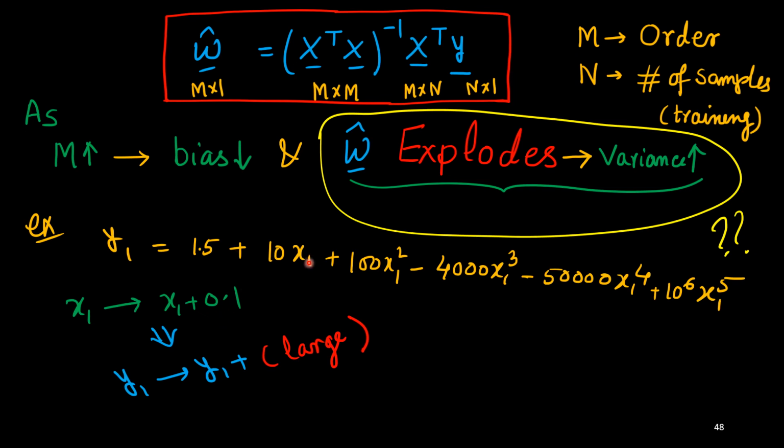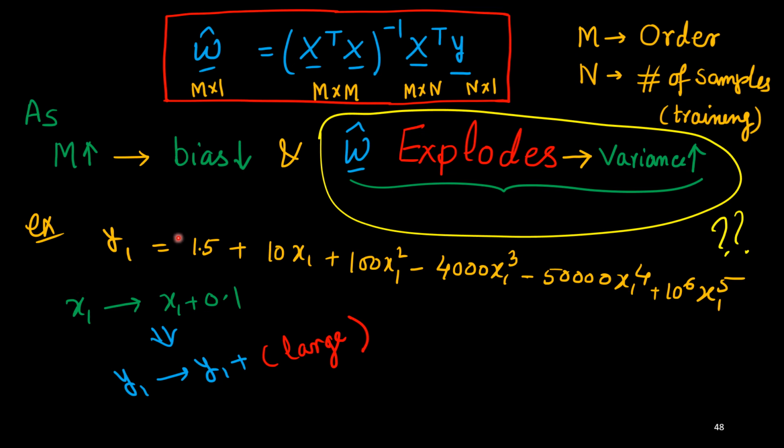But here you will see that if you replace x1 by x1 plus 0.1, because of these high coefficient values, the deviation will become very large. Earlier it was only y1, now it will become y1 plus some very large value. So this is giving you huge variance. That is because of these large coefficients. So this is the actual problem.